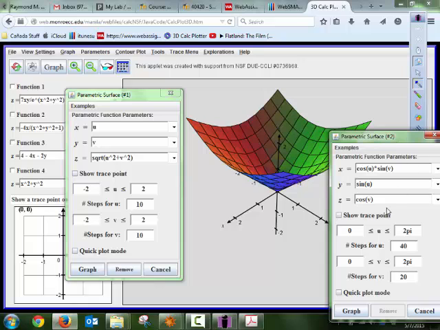Put 0 in for z. What are we going to put for x and y? U and v. That's so obvious that you don't want to say it. U and v, duh. I mean, you're correct. Good job.